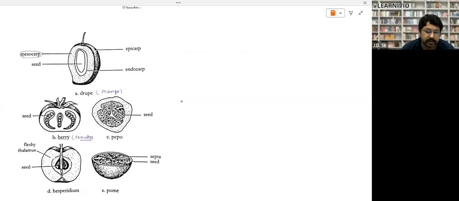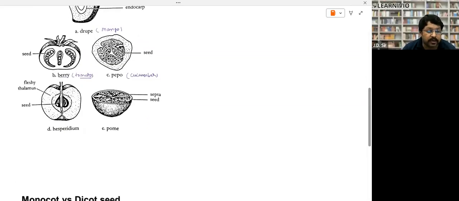Here, this is a pepo kind of fruit, like the cucumber. Cucumber is a pepo. Now, pome is a type of fruit, and that is the apple. Apple is the example. In an apple the seed remains inside, and what you eat is the fleshy thalamus. Remember, you eat the fleshy thalamus.